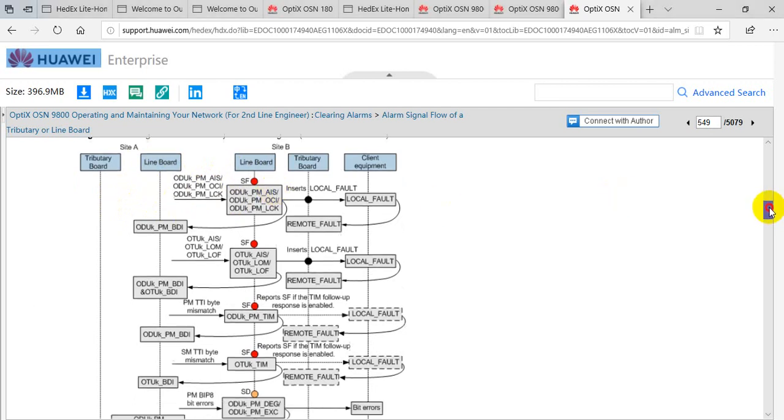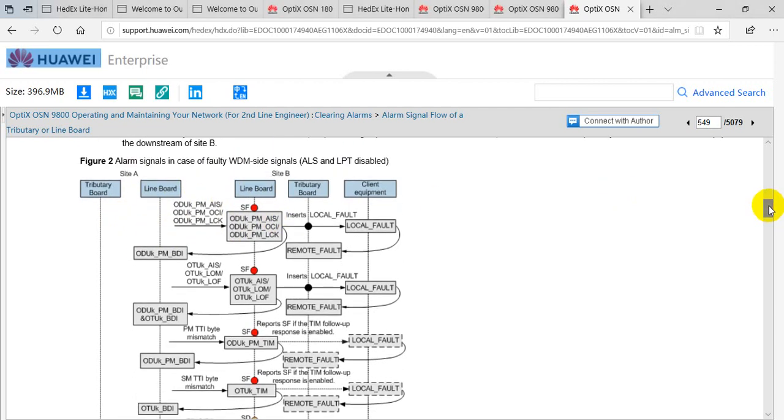So as such this diagram may look kind of complex, but for ease of understanding I will explain that at any OTN board, if any type of alarm is signal failure type, meaning service affecting type, then the consequent alarms and their responses are similar.